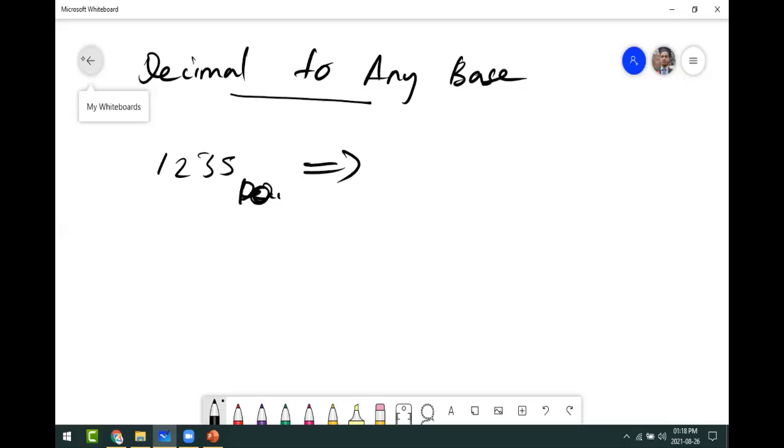Then if you want to convert to any base, you have to divide that number by that base. Is it clear? Okay.